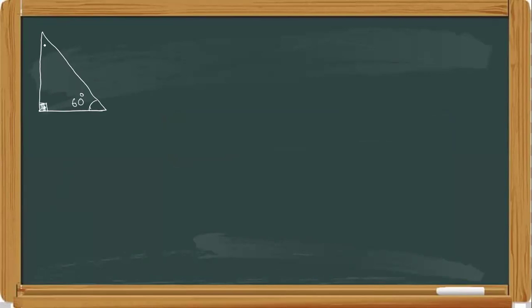Then this will be how much? It will be 90 minus theta, that is 90 minus 60 degree. It will be 30 degree. So this angle is 30 degree. Angle A, B, C.